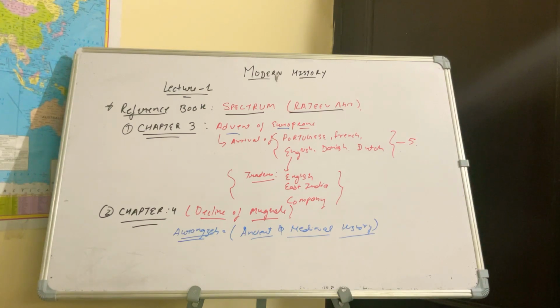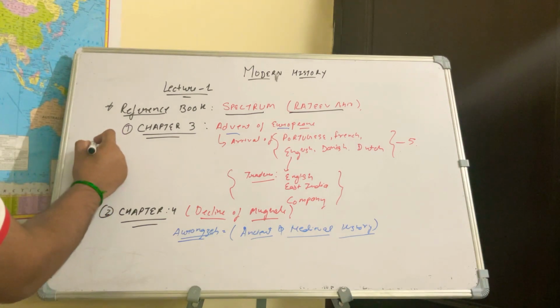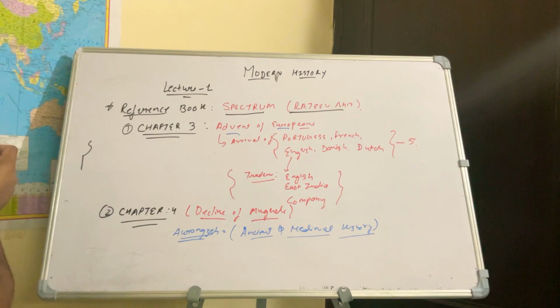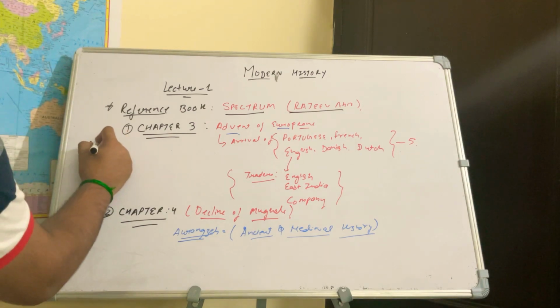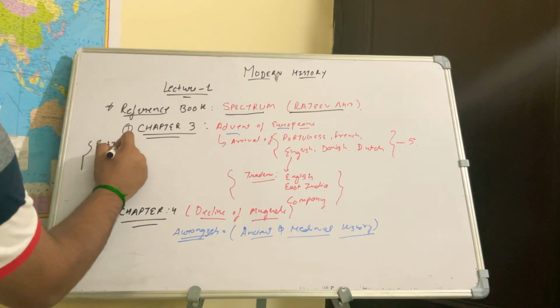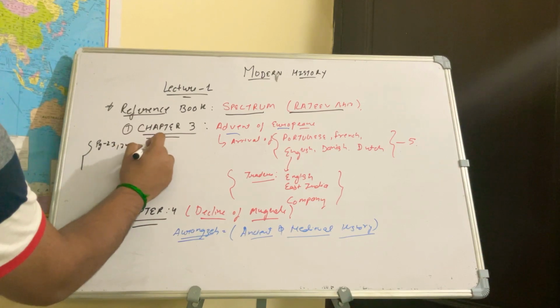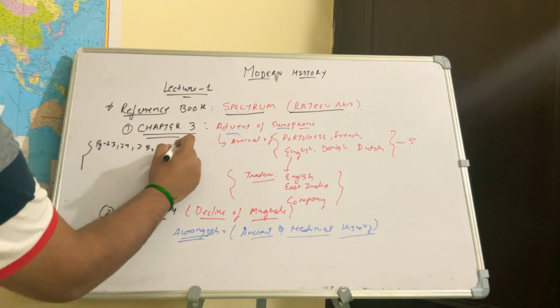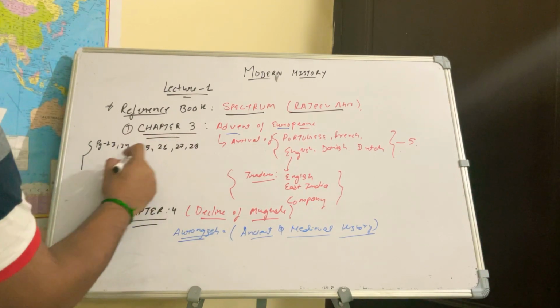Specifically for chapter 3 there are specific pages you can start with. For chapter 3 you have page numbers 23, 24, 25, 26, 27 and 28.